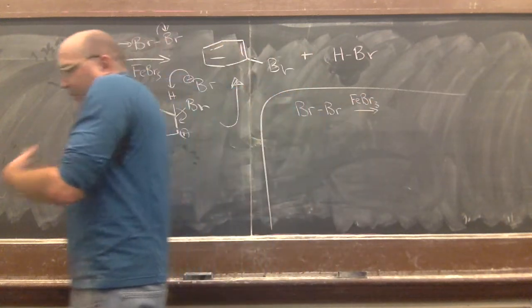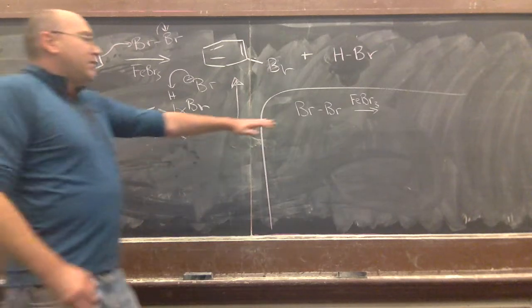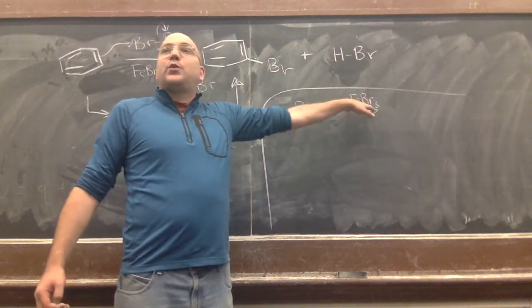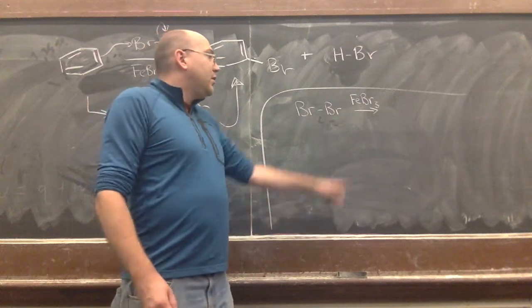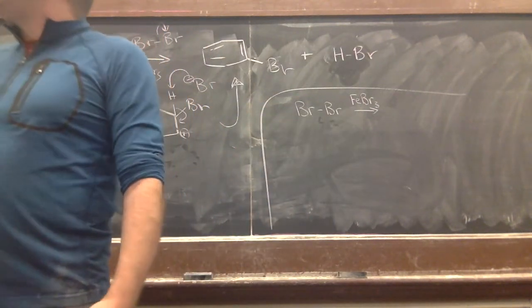And I'm going to show somewhat of an oversimplification here, but it's something that we can use to help make sense of a lot of things that we're going to see. And that is that when bromine reacts with FeBr3, iron is a good Lewis acid.